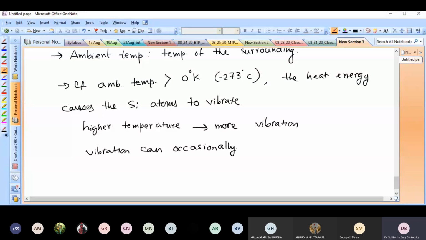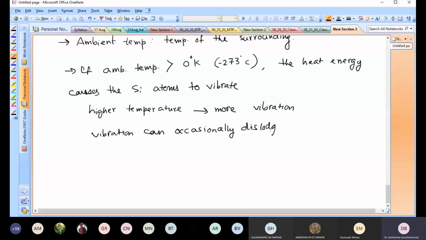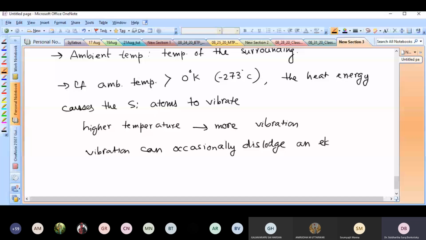Occasionally it can dislodge an electron, basically from the valence orbit.